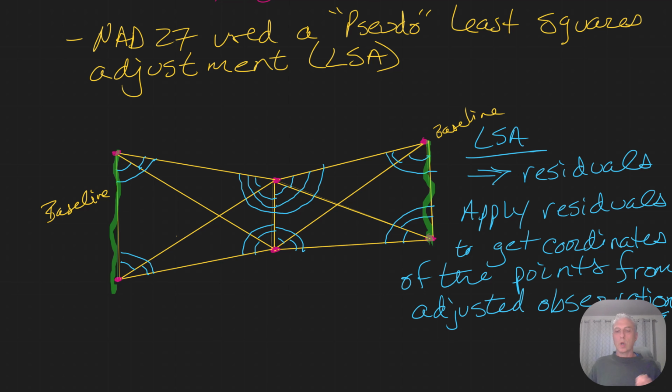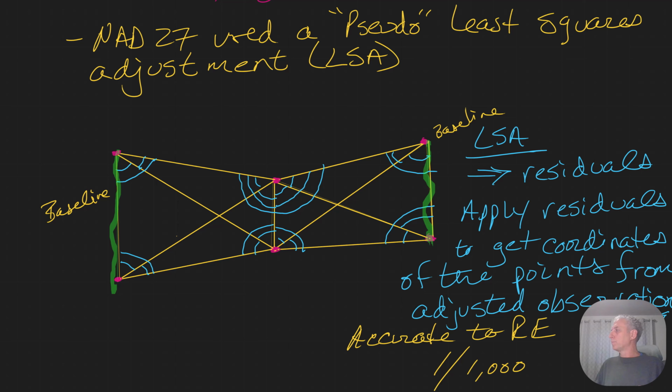The baselines were measured, observed, adjusted, with lots of redundancy, so they were accurate to a relative error of 1 in 1 million. So literally 1 in a million.